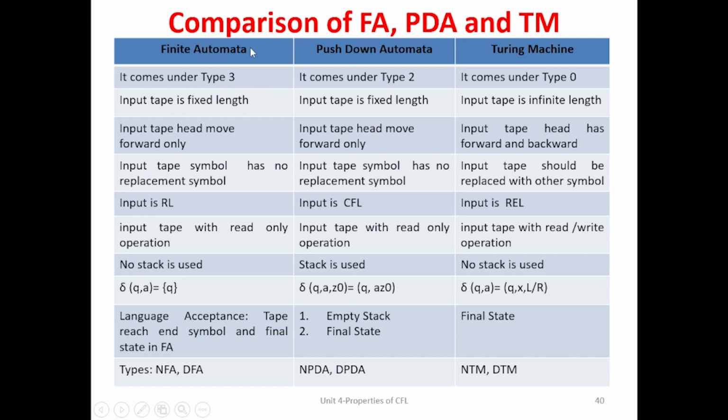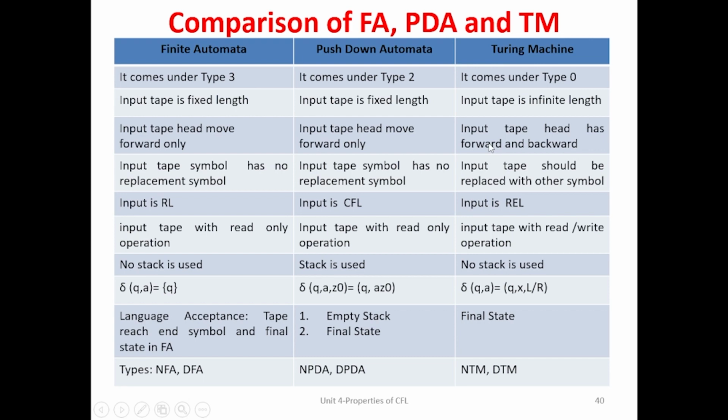And finite automata and pushdown automata have a fixed length of tape. But a Turing machine can be implemented with infinite length of tape. And in finite automata and pushdown automata, the control head can move only in the forward direction, but in a Turing machine, it can move in forward and backward directions.